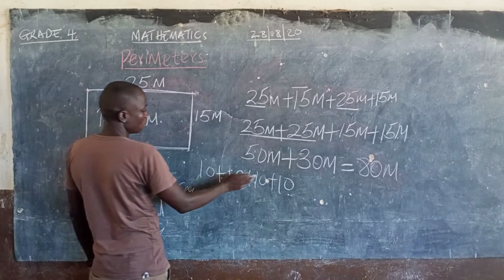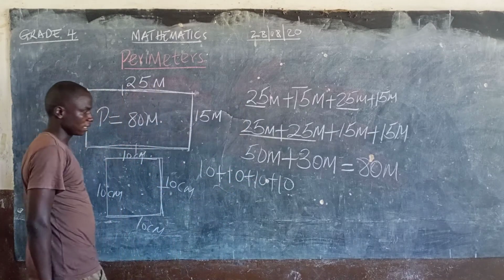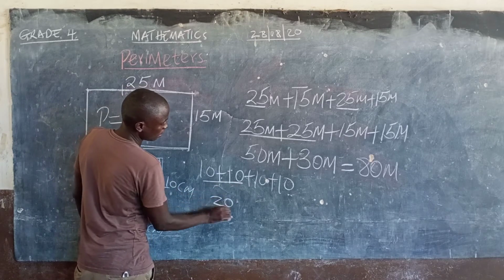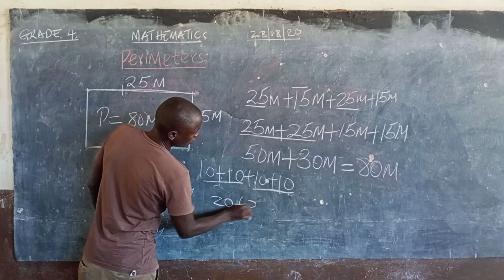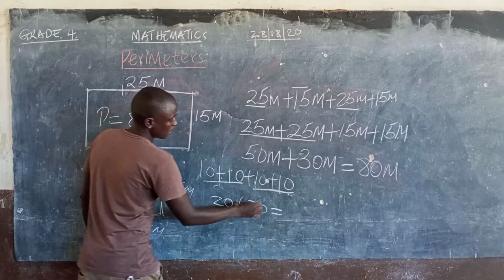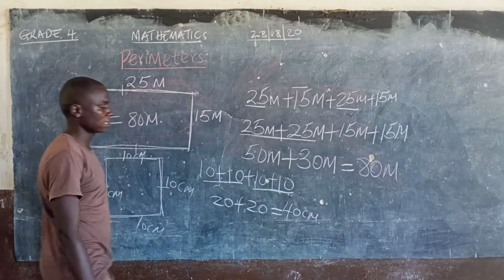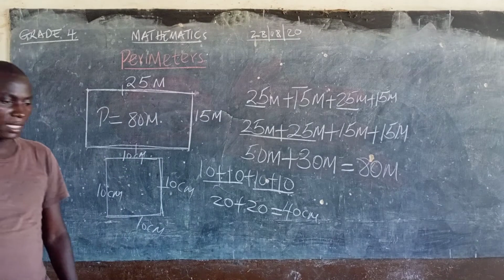Count to confirm: 1, 2, 3, 4. Four tens. Now you add them. This gives you 20 plus this gives you 20. So 20 plus 20, you get 40 units. And our unit is centimeter.